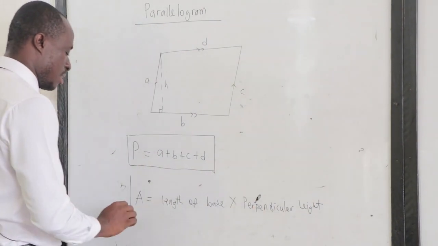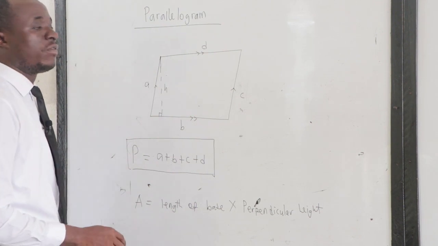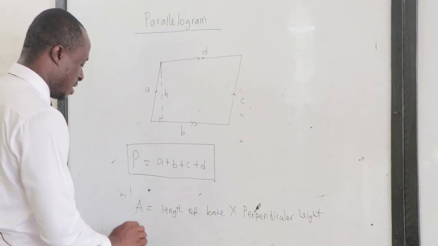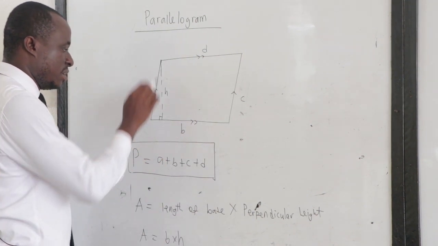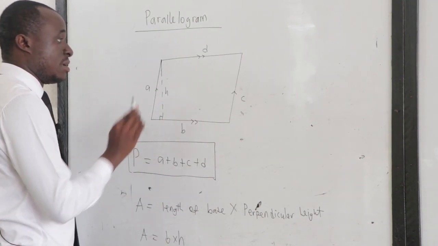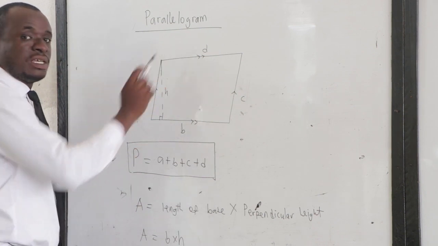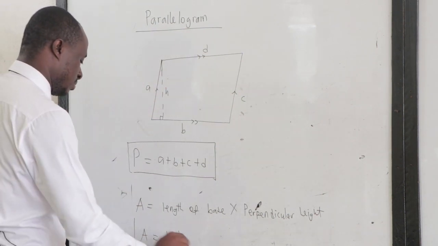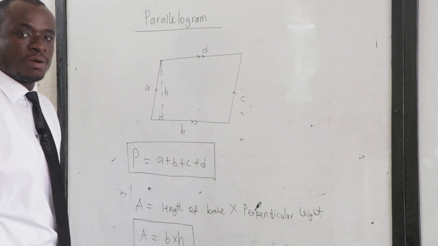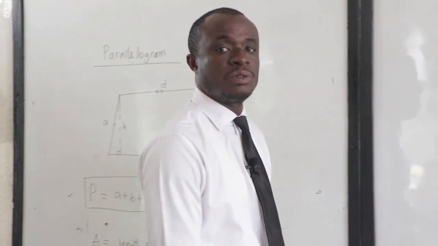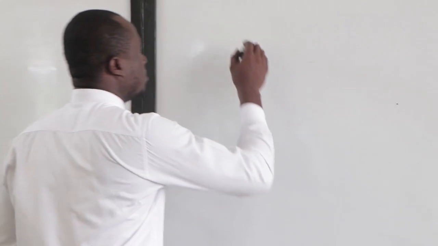That is the area of a parallelogram, and this is the same as B times H, because this is the base. But then note that B is the same as D. So this is the area of a parallelogram. Now the next one that we want to look at is a trapezium.